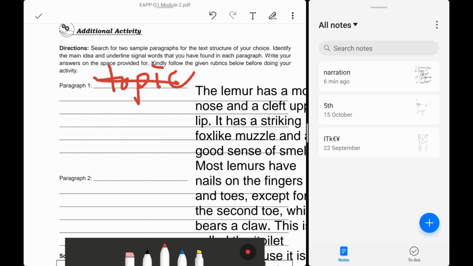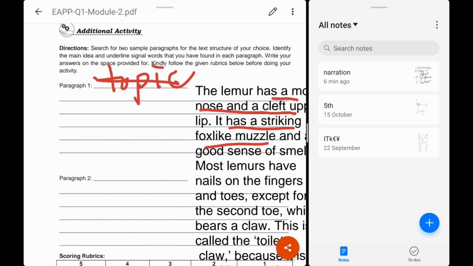So you just have to underline the signal words. Example, here has a striking something. So those are sample words of description. Okay, so that's how you're going to do this activity.